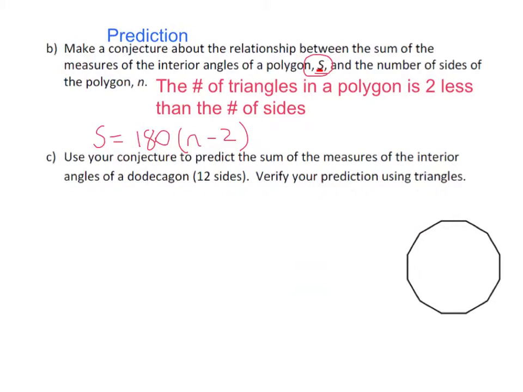Use our conjecture to predict the sum of the measure of the interior angles of a dodecagon, which has 12 sides. Verify your prediction using triangles.